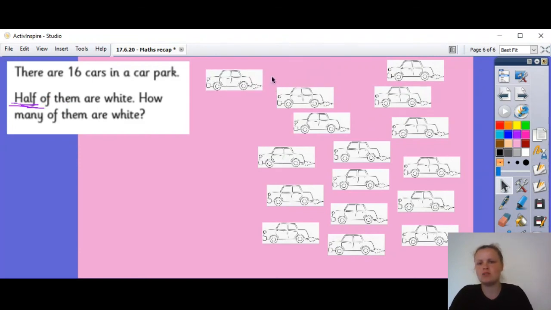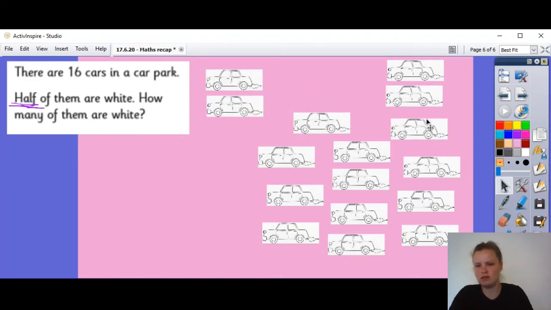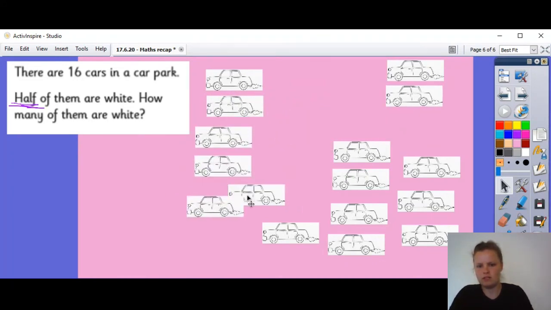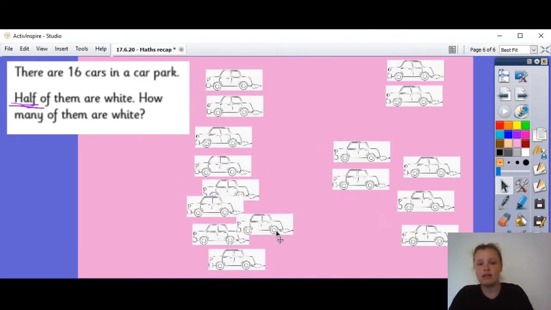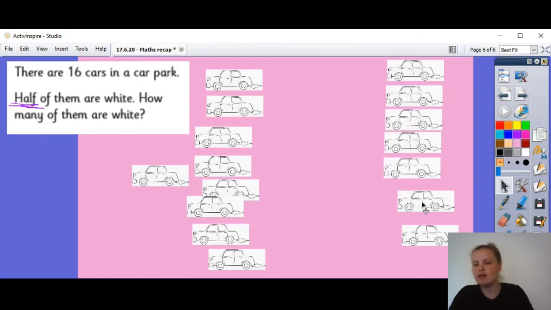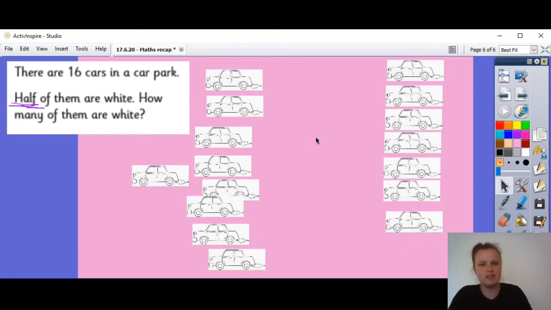So I'm going to move some cars, I'm going to split them into 2 sides. So 1 on this side, 2 on this side, 2 on this side, 3 on this side, 4 on this side, 5 on this side, 6 on this side, 7 on this side, 8 on this side, 9 on this side, and so on.